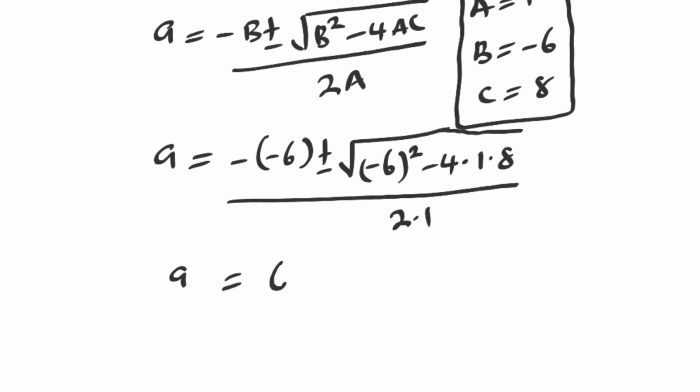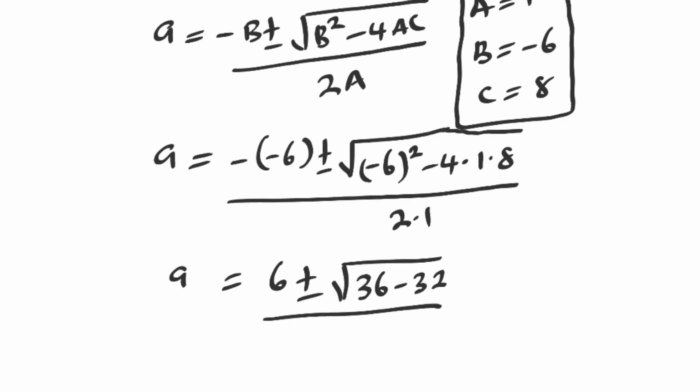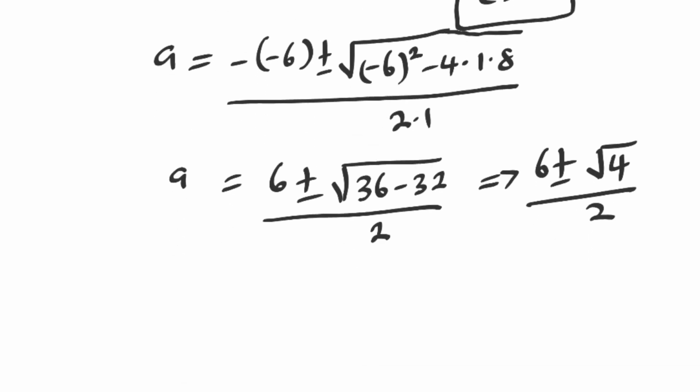a is equal to 6 plus or minus square root of minus 6 squared, that is 36, minus 4 times 1 times 8, that is 32, over 2 multiplied by 1, 2. This can be written as 6 plus or minus square root of 4 over 2. Then a is equal to 6 plus or minus square root of 4, which is 2, over 2.